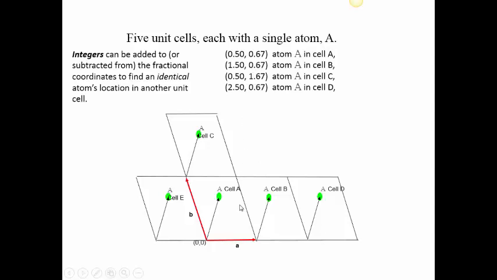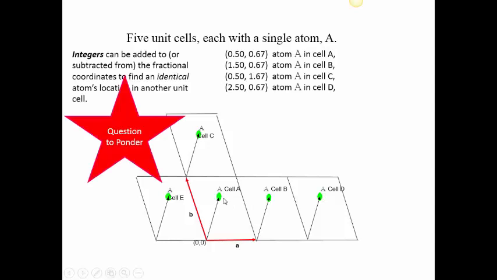If we go up to cell C, in this case we're traveling along the B direction, so you add the 1 to the B, and in cell D we come over not 1 unit cell but 2 unit cells, and all we do is add a 2. So that allows us to very easily calculate different positions.